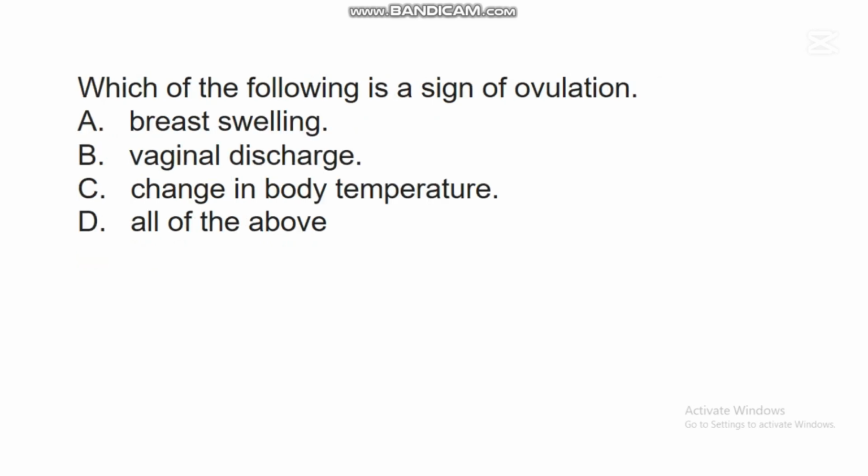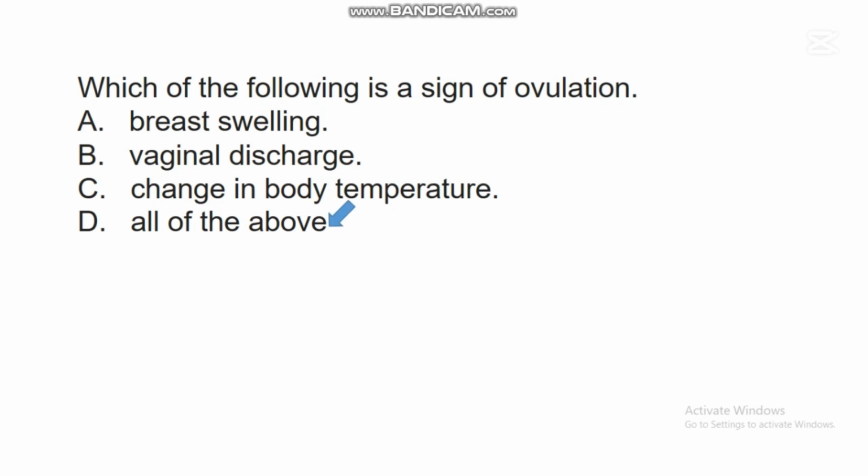The next question says, which of the following is a sign of ovulation? A. Breast swelling. B. Vaginal discharge. C. Change in body temperature. D. All of the above. In this question, the correct answer is D. All of the above.